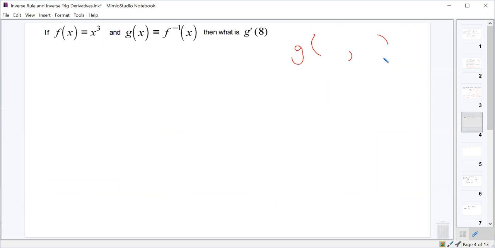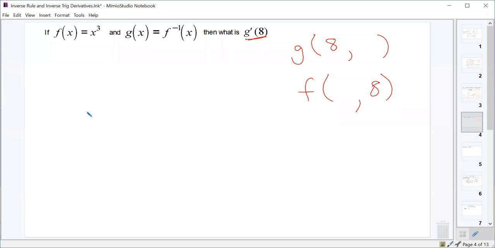G, we know, since we're looking for G prime of 8, must have a point where the X value is 8, which tells us that F must have a point where the Y value is 8.